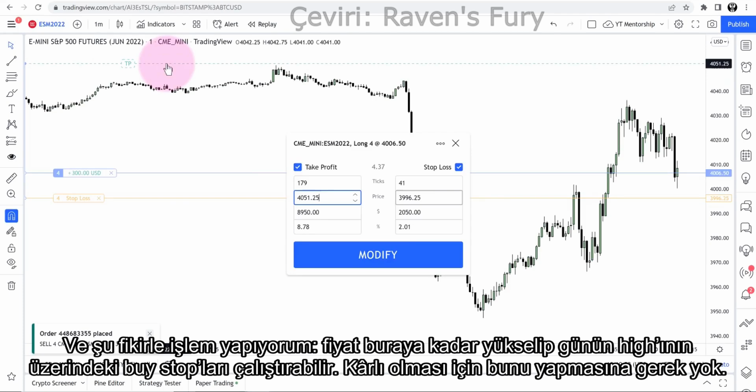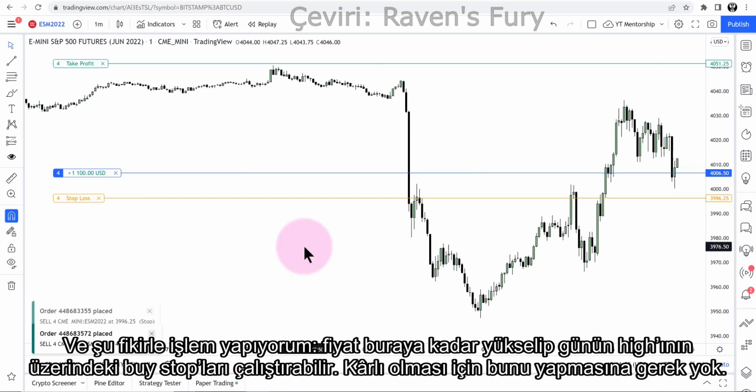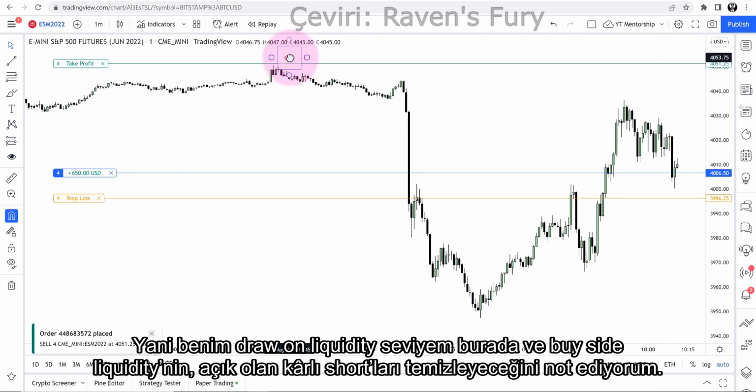And I'm trading with the idea that it could run up here and take out the buy stops above the high of the day. It doesn't need to do that to be profitable. So my draw on liquidity is here.